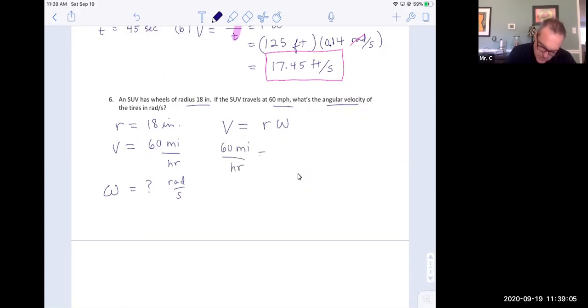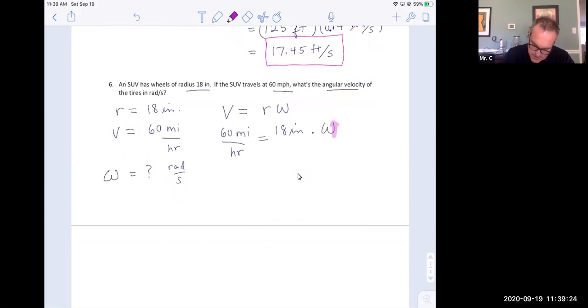Keep your units because we have to make sure we have the correct units at the end of the problem. My radius is 18 inches, and I want to know the angular velocity, which is omega, which most of us just looks like a W. So now I want omega by itself. Just do some algebra.